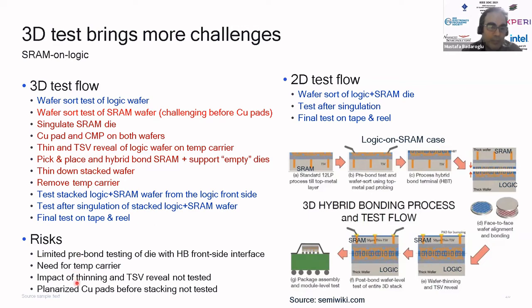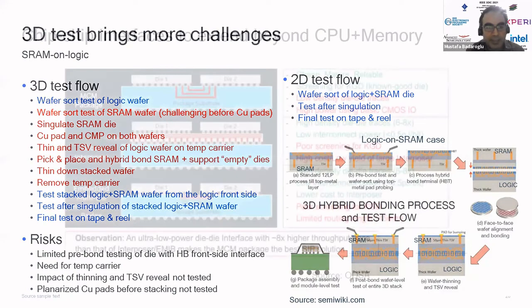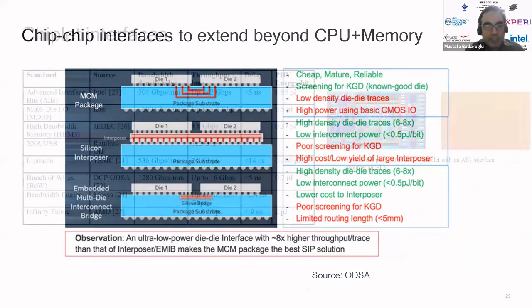The other things, for sure, related to the 3D process are like thinning and the need for temp carrier. That's another risk factor we need to take. So compared to the 2D test flow, there's a significant difference and significant complexity required for the test. So I will skip this one.